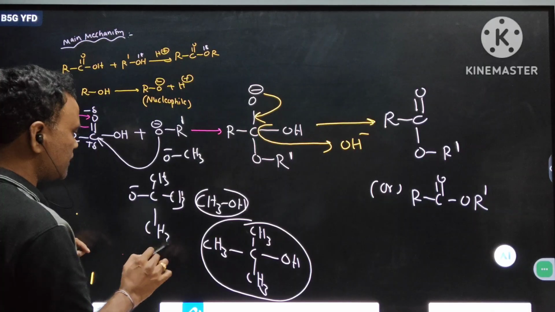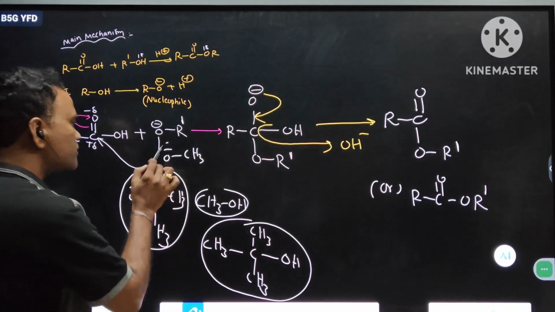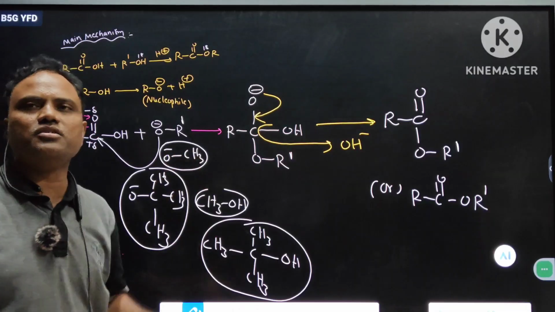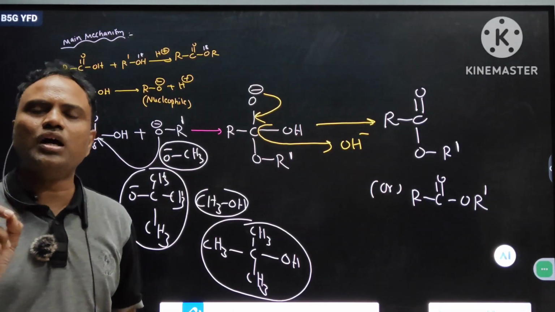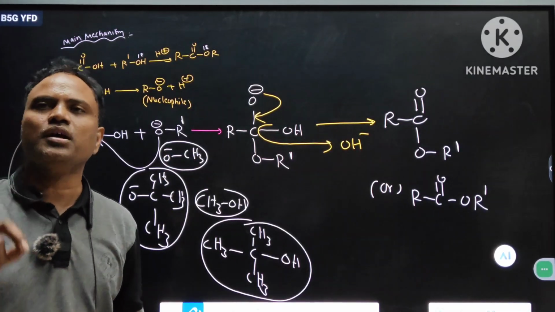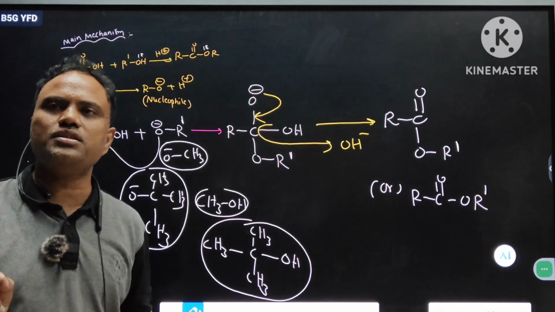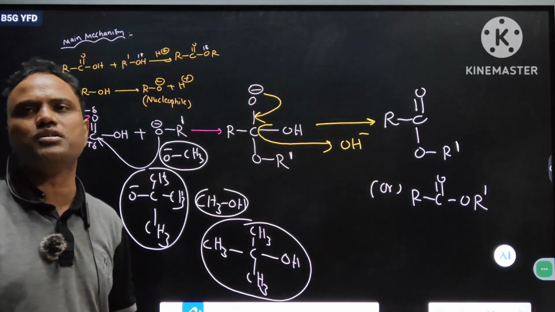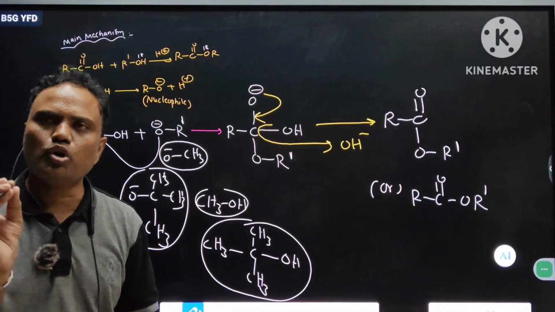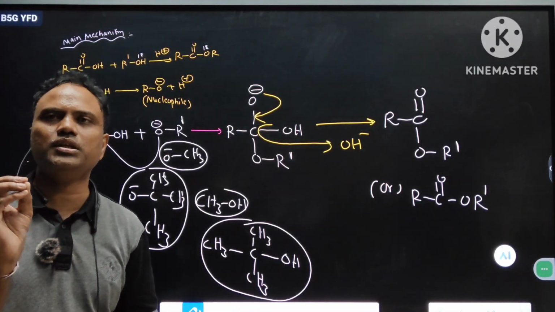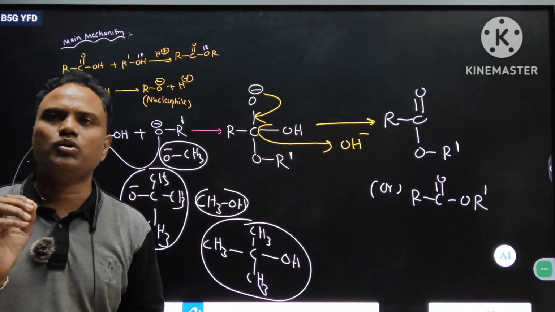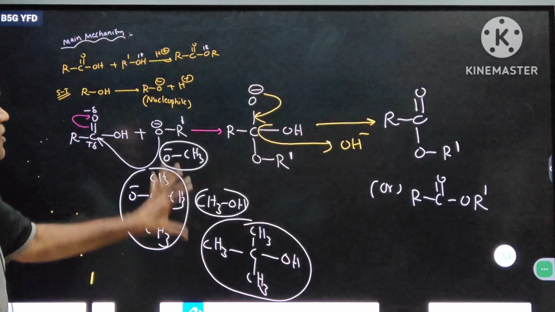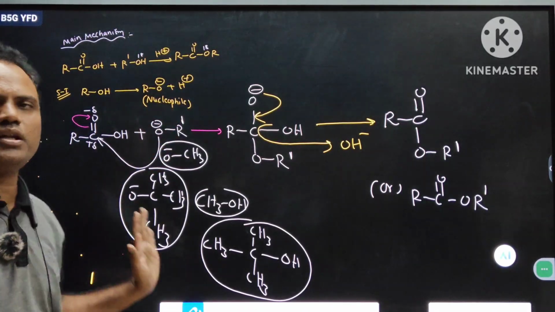This is the bulky nucleophile, this is the simple nucleophile. Its movement is more. So the alcohol with less crowding readily, fast, participates in the esterification reaction. Smaller alcohol with less crowding undergoes the esterification reaction fast. Okay, based on this point I am explaining.